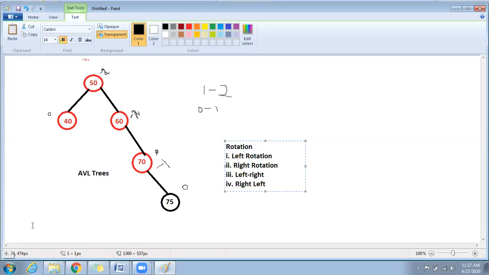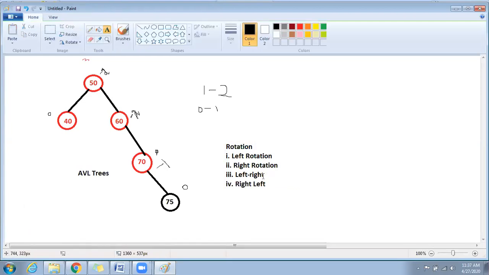So when we are inserting an element, there is a possibility of doing these rotations to make the tree balanced. Understood? Till now, understood everyone?